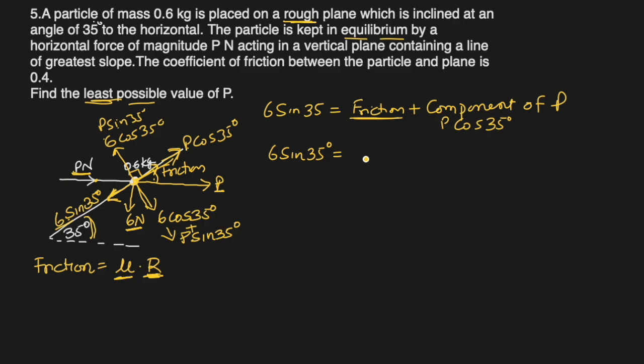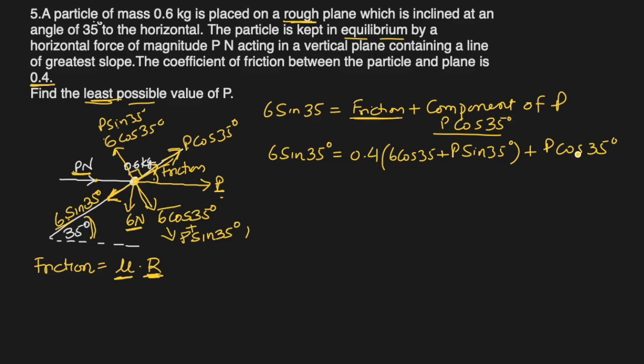Now mu, the coefficient of friction, is 0.4, which is given in the question, and then R we just got, that these two are R. So I will write here 6 cos 35 plus P sine 35. And then we have P cos 35. This becomes the equation, and this will help us to find P, because P is the only unknown here.